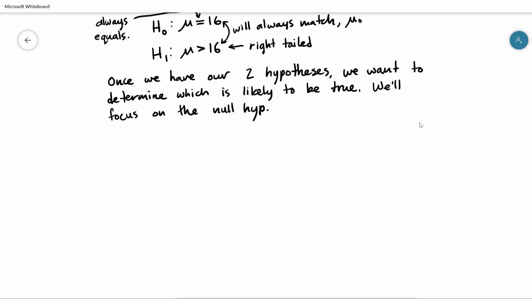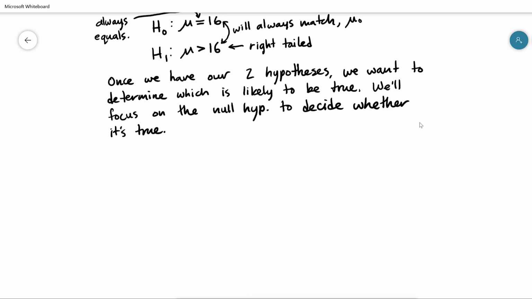Essentially, what we're going to do is assume that the null hypothesis is true and kind of go through this thing like a criminal trial. We will lay out exactly the ways in which this is similar to a criminal trial in just a minute. But basically, we're going to focus on the null hypothesis, and we want to decide whether it's true.